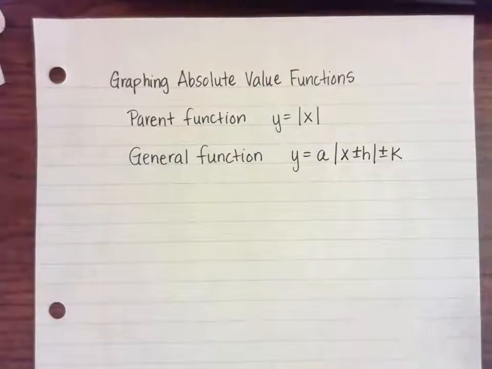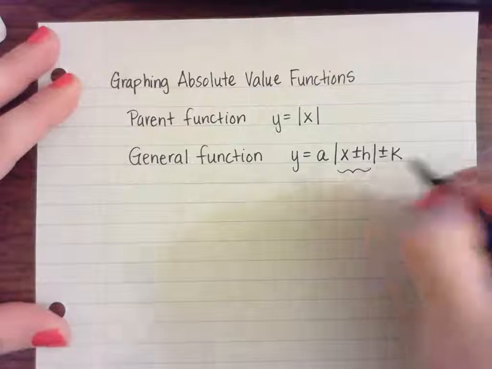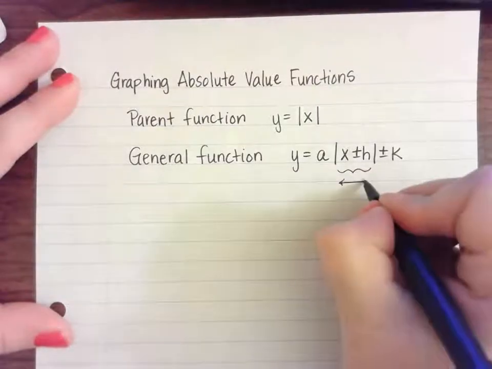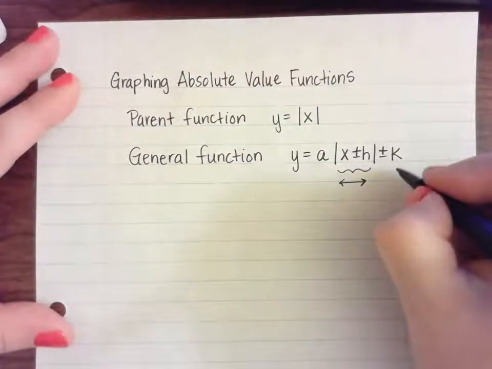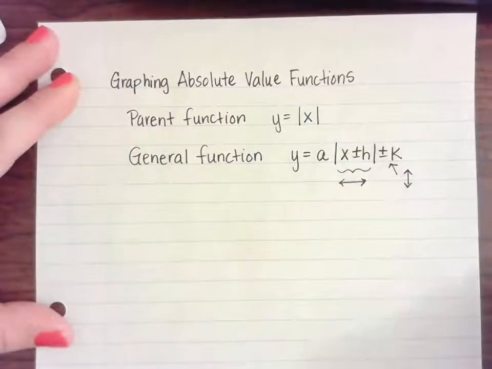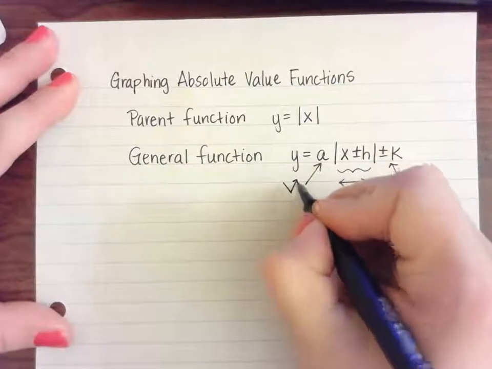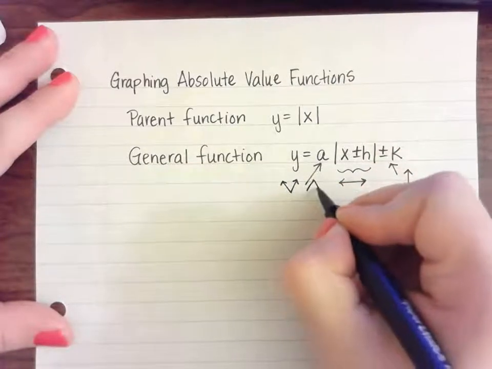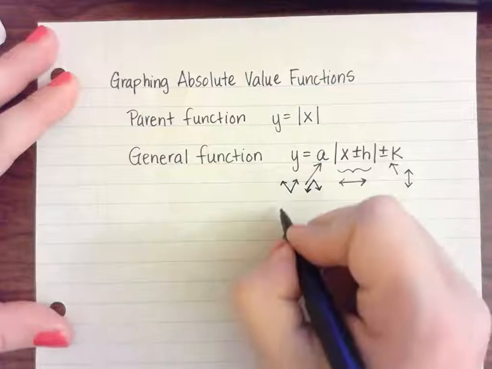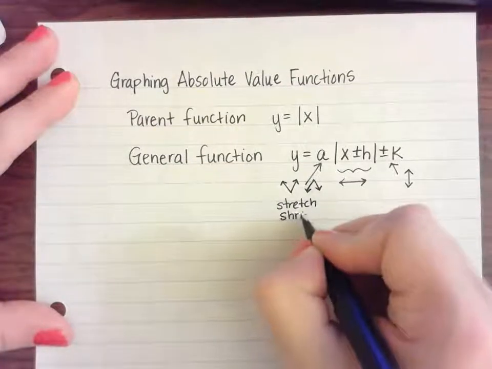Okay, so before we actually graph, I'm just going to give you some examples and talk about how they move, talk about the transformations. Remember, inside the absolute value is your left or right movement. Outside the absolute value, that's your up or down movement. And then a represents whether you're going to have a face up V shape, a face down V shape, or a stretch or a shrink.